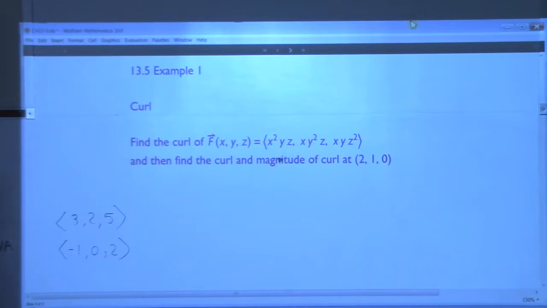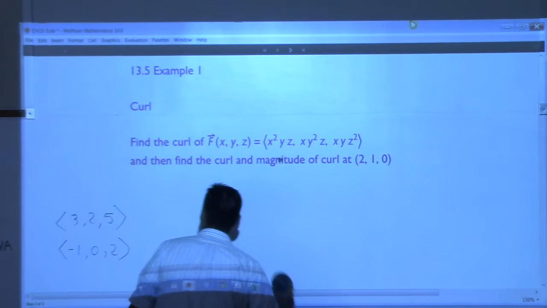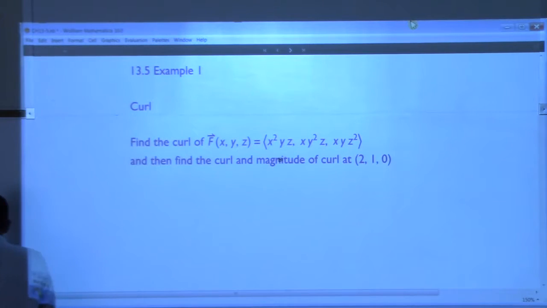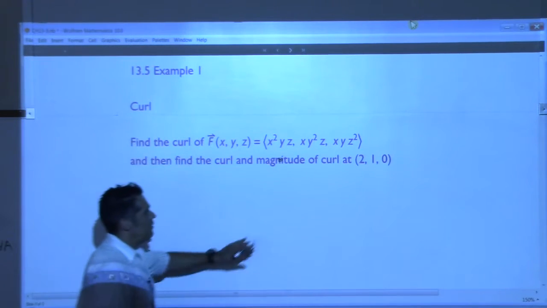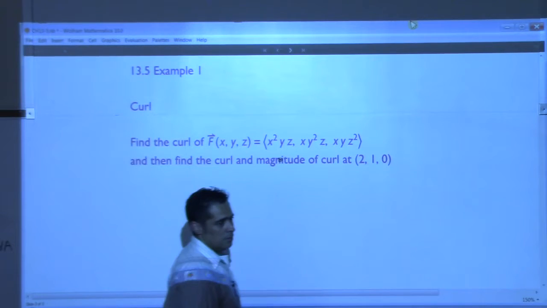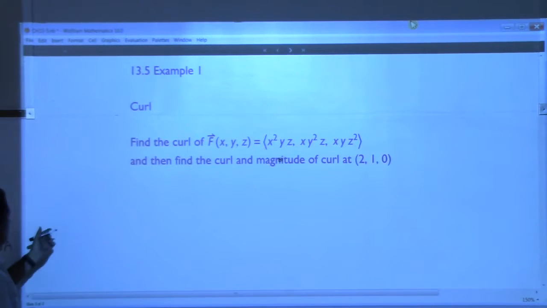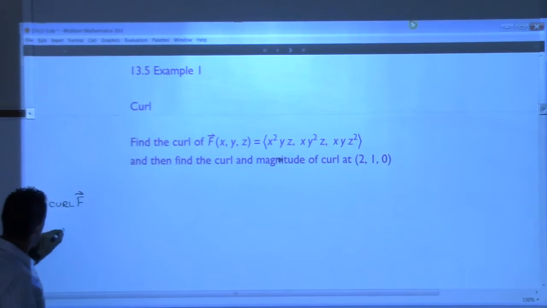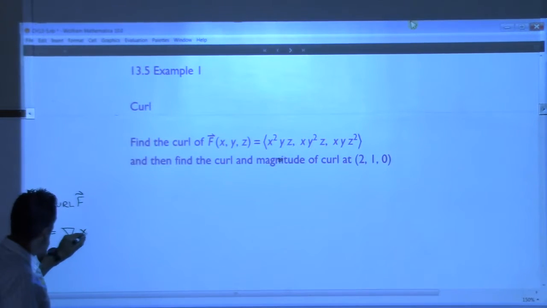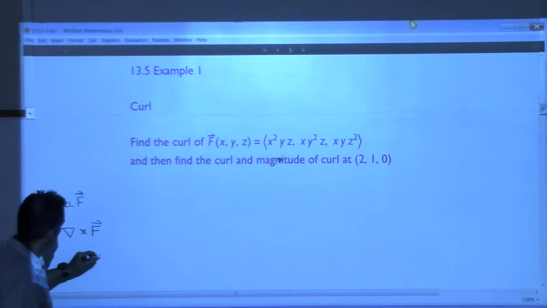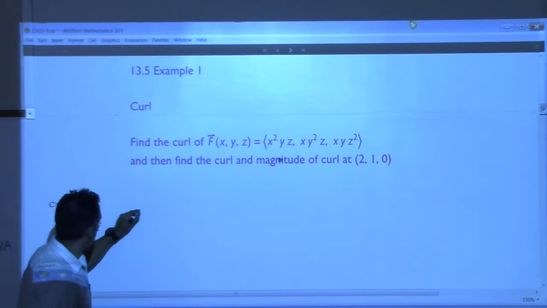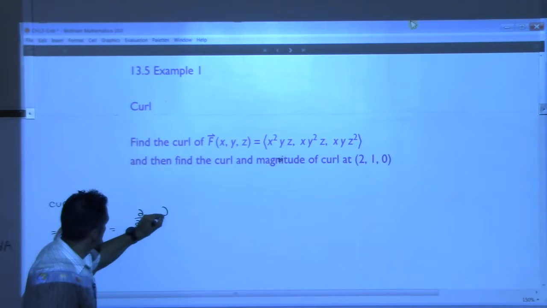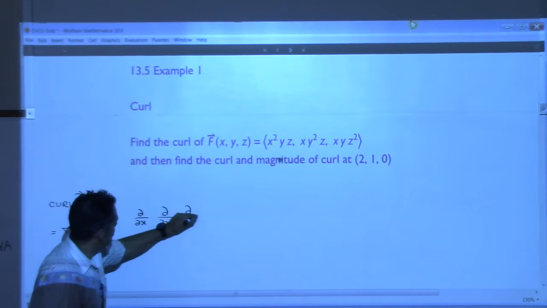So let's find the curl of this vector field and then talk about the curl at a specific point within the vector field. So we want to find the curl of F, which we will look at as being the gradient cross the vector field. We'll write down partial with respect to x, partial with respect to y, partial with respect to z.